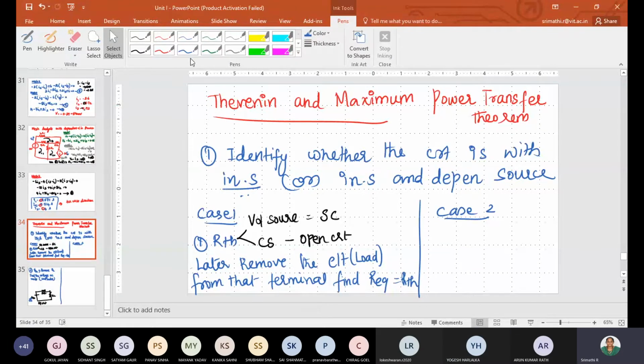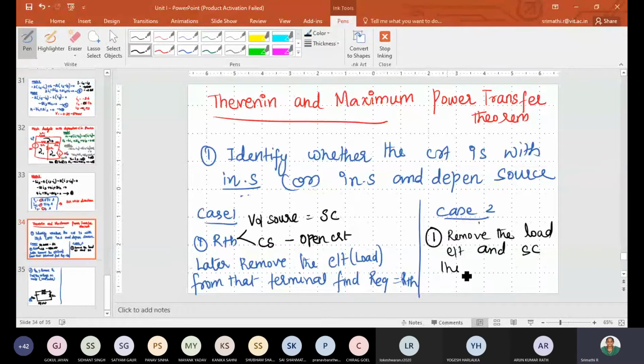Okay, the next one, for the circuit with dependent source and independent source. First, remove the load element and short circuit the nodes. Find the short circuit current.